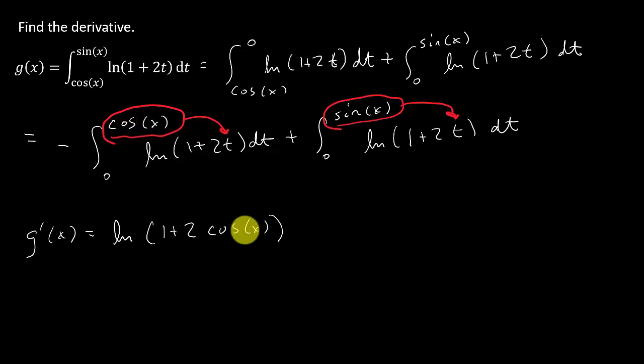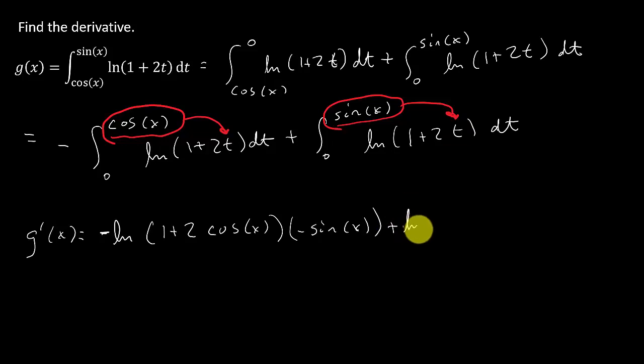Now, I plugged the cosine in. And look what I forgot to do over here. I forgot to bring my negative down. And now that I plug cosine in, it's times the derivative of cosine. Well, what's the derivative of cosine? That's negative sine. And then I've got plus, and then I'm going to plug sine in.